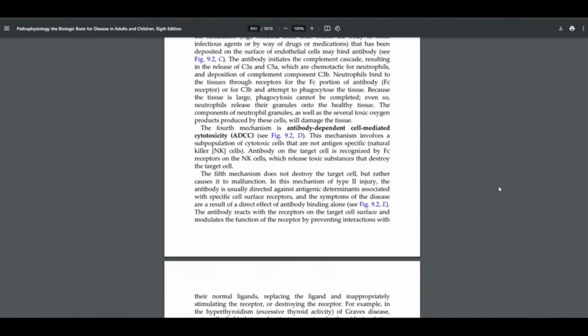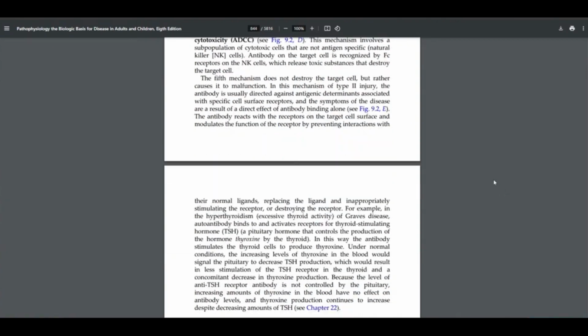And then our fourth mechanism is the antibody-dependent cell-mediated cytotoxicity, ADCC. This mechanism involves a subpopulation of cytotoxic cells that are not antigen-specific, so natural killer cells. Antibody on the cell is recognized by Fc receptors on the NK, or natural killer cells, which release toxic substances that destroy the target cell.